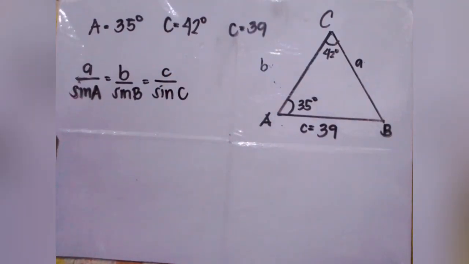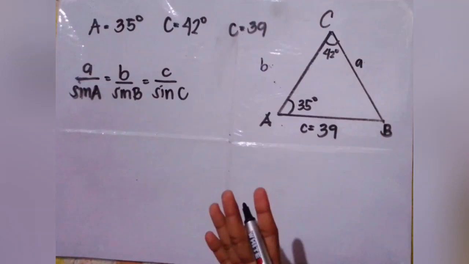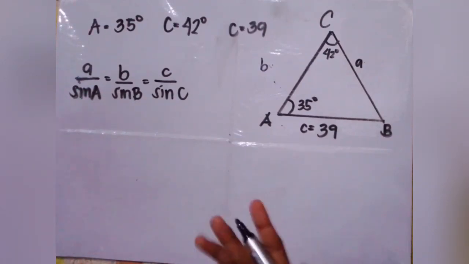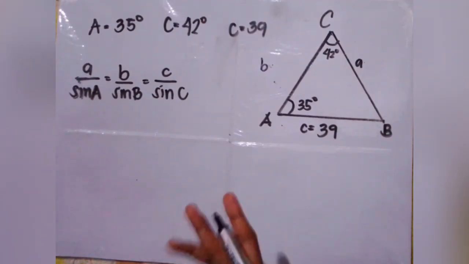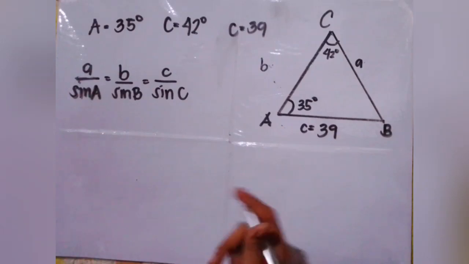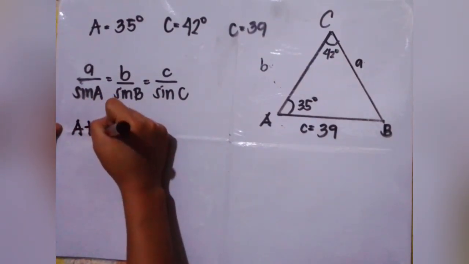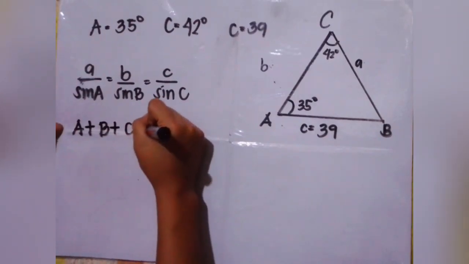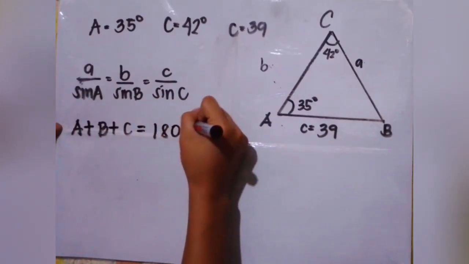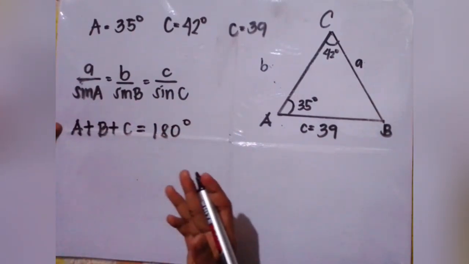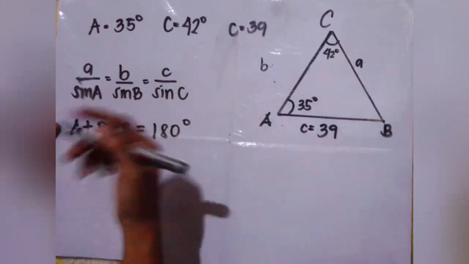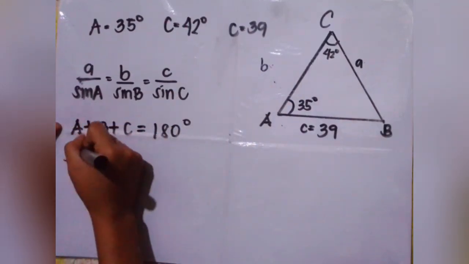And we will begin by finding angle B. We all know that the measures of the interior angles of a triangle sum to 180 degrees. So A plus B plus C is equal to 180 degrees. Since we have angle A and angle C, we substitute the given values.